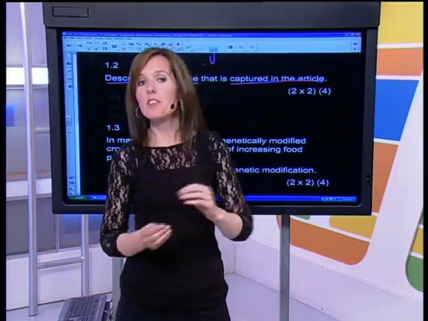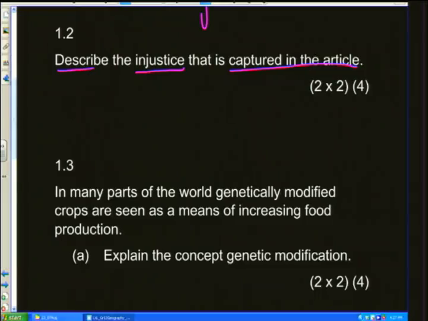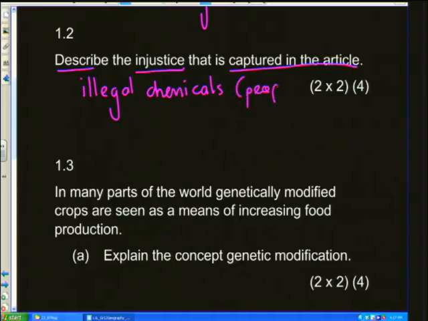So let's just write down a few things that illustrate the fact that there's injustice. You're not meeting the needs of society, you're not being fair to the needs of society here. So the injustice is that they're using illegal chemicals. And people don't even know about this, so people are unaware.